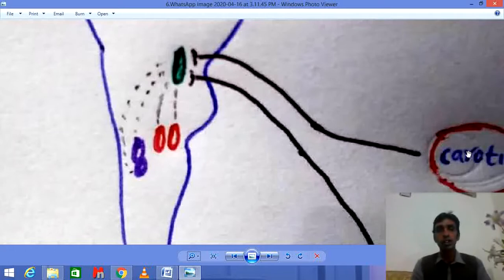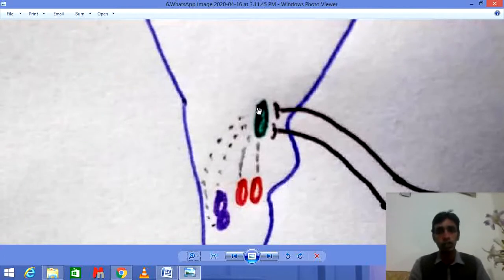These sinuses, after dilation, stimulate the vagal neuron and glossopharyngeal neuron. These neurons transmit the signal to the Tractus Solitarius. The increase in blood pressure is detected by these receptors, and this information is transmitted to the Tractus Solitarius.